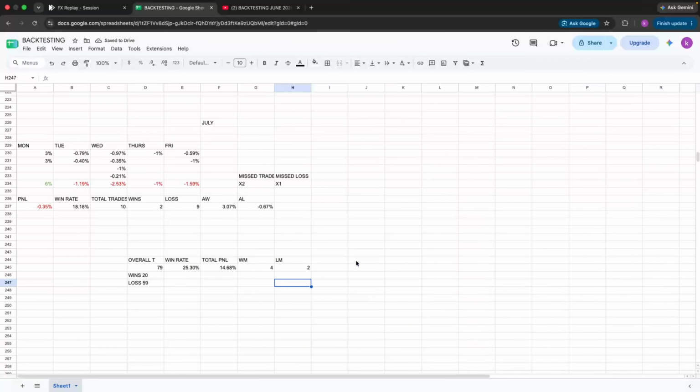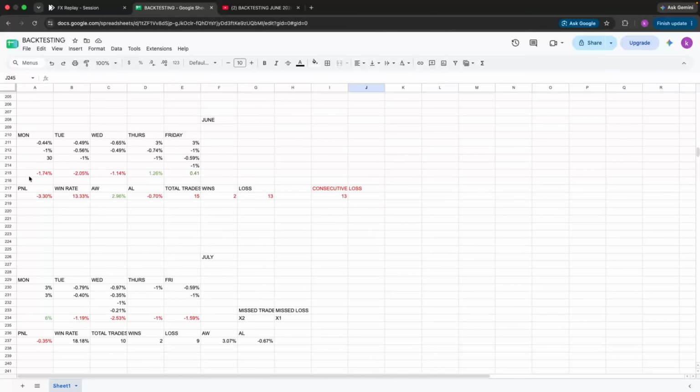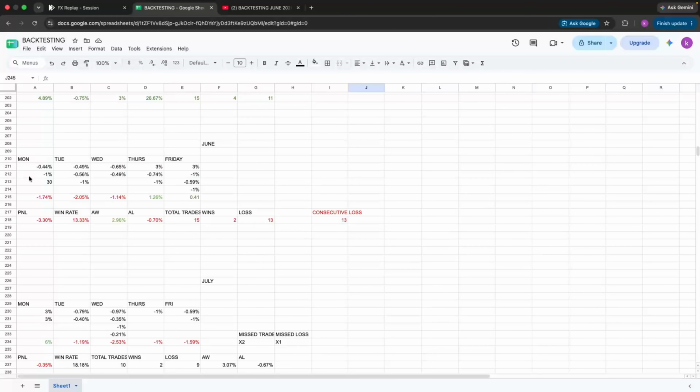And then we'll do a breakdown of the days here. Monday, Tuesday, Wednesday, Thursday, Friday. So start with Monday. Monday gave us 6% here. Minus 1.74 here.